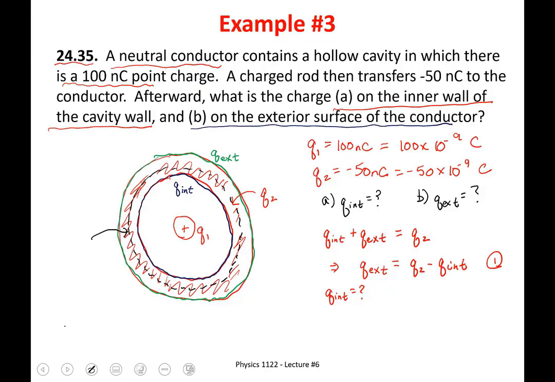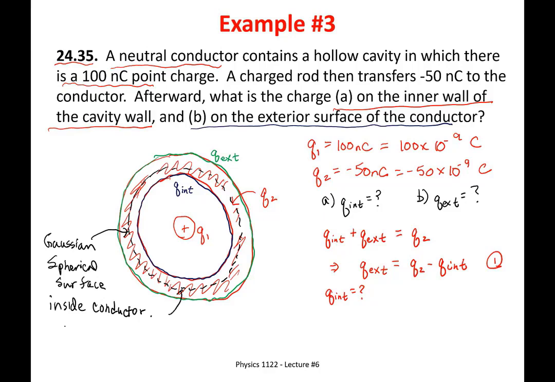So my Gaussian surface is a Gaussian spherical surface inside the conductor. The reason I place it inside the conductor is because I know that the electric field is everywhere zero inside.